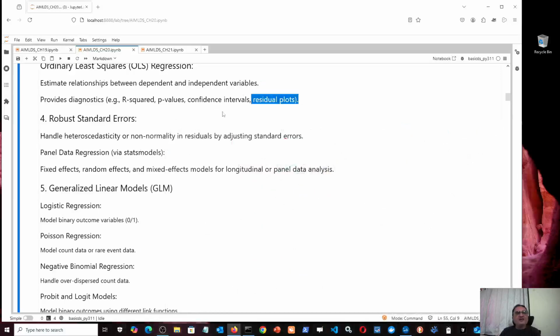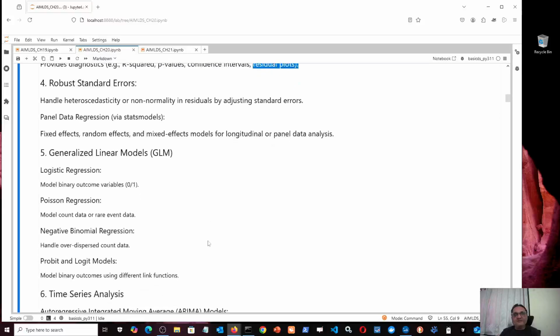Then that is called ordinary least square regression. How good this model is, that is measured by these parameters, among which are R squared and residual plots. These are what we are supposed to learn in subsequent topics.